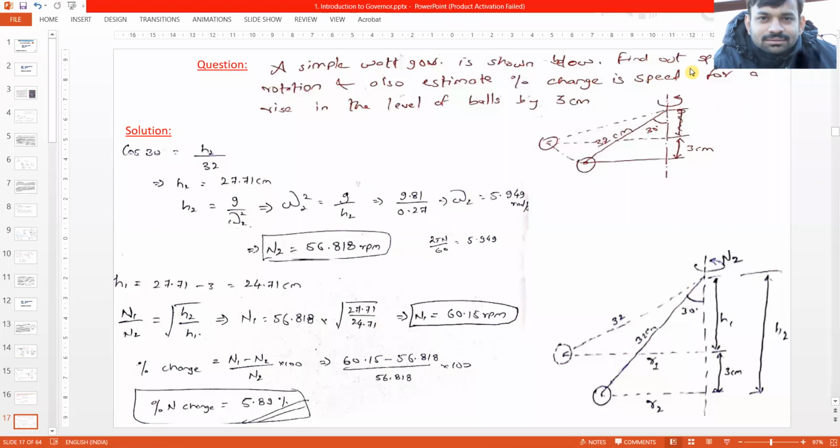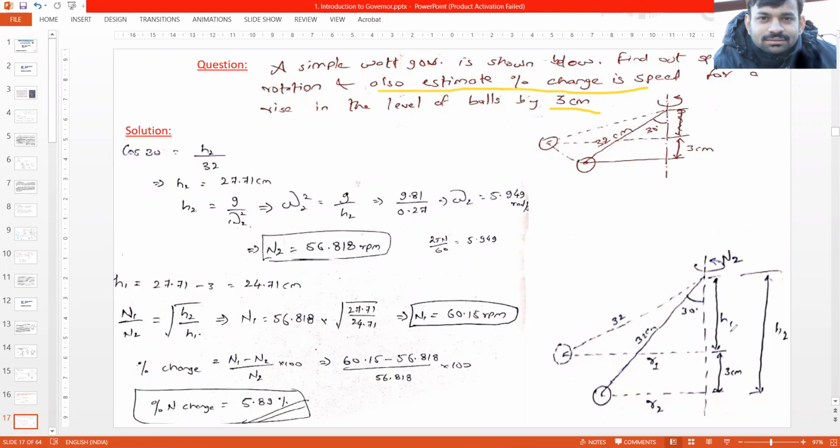Find out the speed of rotation and also estimate percentage change in speed for rise in level of balls by 3 centimeter. So the change in height is given to us. That is h1 minus h2 is given to us as 3 centimeters.